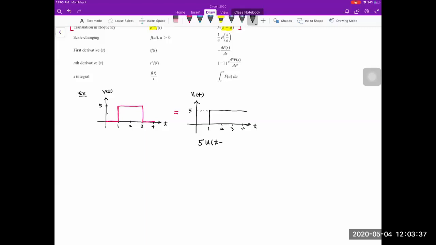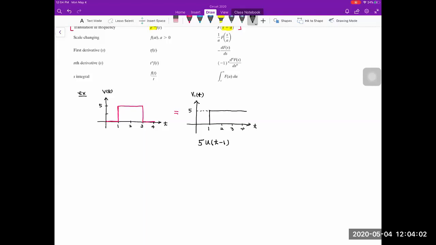Well, you write time minus 1, that will represent the unit step function of this graph. Meaning when time equals 1, it will have a value u of 0, which is equal to 1. Less than that, it will be equal to 0. Okay, so I got one of the functions like this.